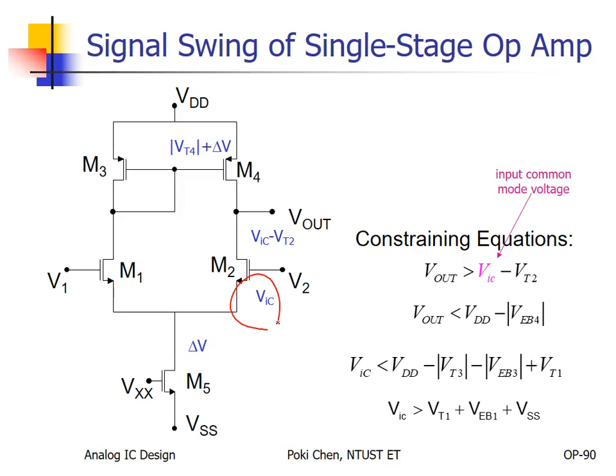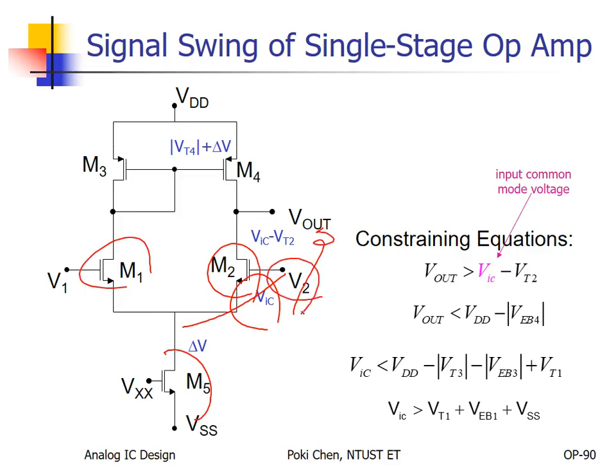How large, how small they can operate with such kind of very simple, I mean single stage op-amp. Anyway, you can see that VIC need to be larger than 1 VT, 1 delta V plus the other delta V. So it needs to be larger than 1 VT plus 2 delta V, blah, blah, blah.